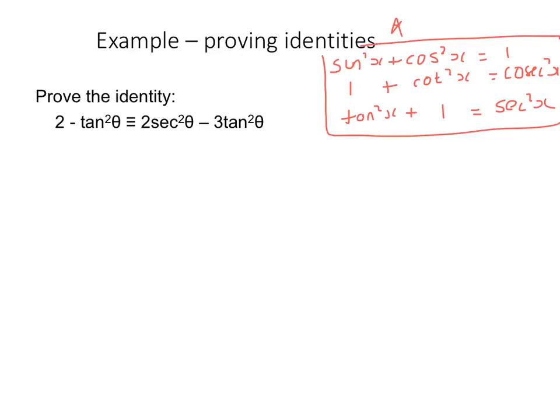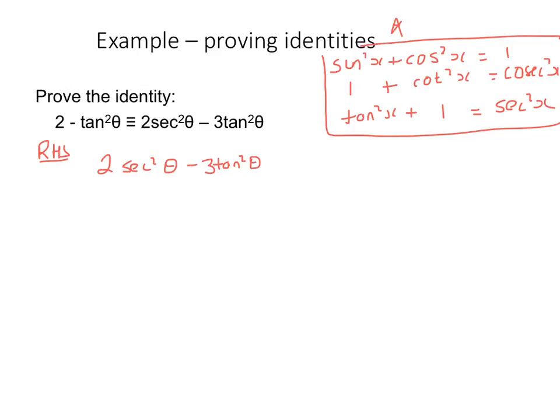So here we've been asked to prove the identity 2 minus tan squared theta equals 2 sec squared theta minus 3 tan squared theta. So I'm going to take the right hand side, 2 sec squared theta minus 3 tan squared theta.